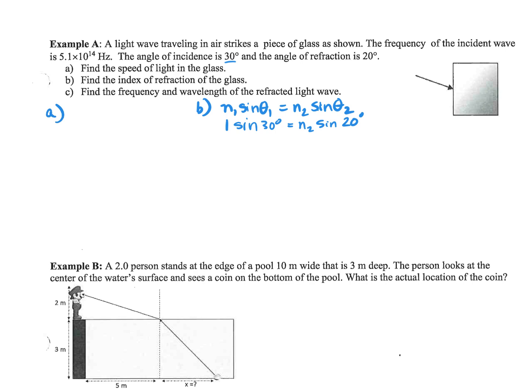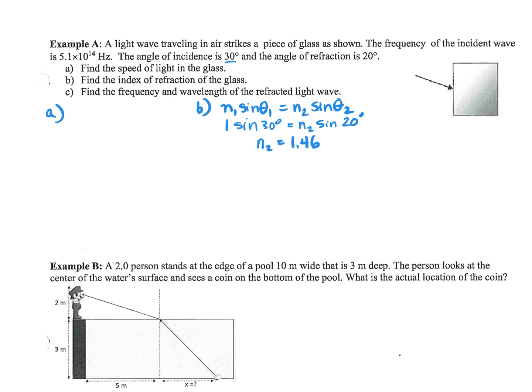Yeah, because the angle decreased. Yep. So what is n sub 2? Okay, so 1.46 is the index of refraction of glass.